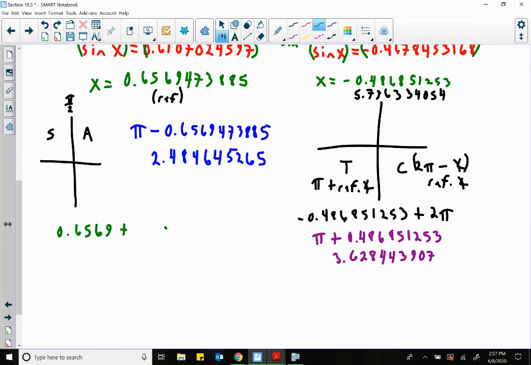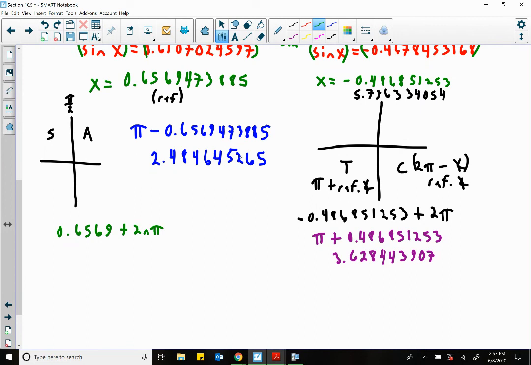To get all the angles that'll work for this, it'll be plus 2n pi, because again, the period for sine is 2 pi. And we just want to keep going around and around at this angle. So there's your quadrant 1 angle.